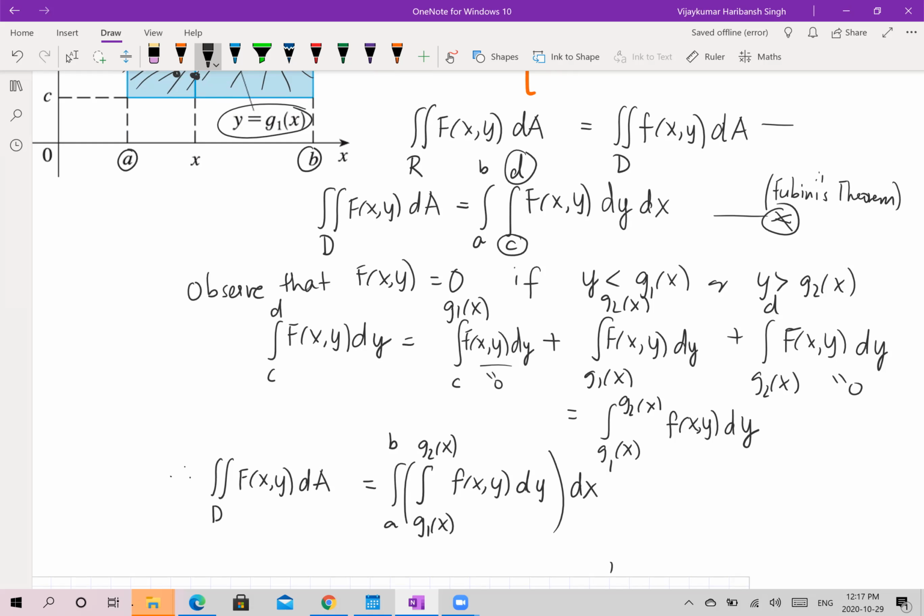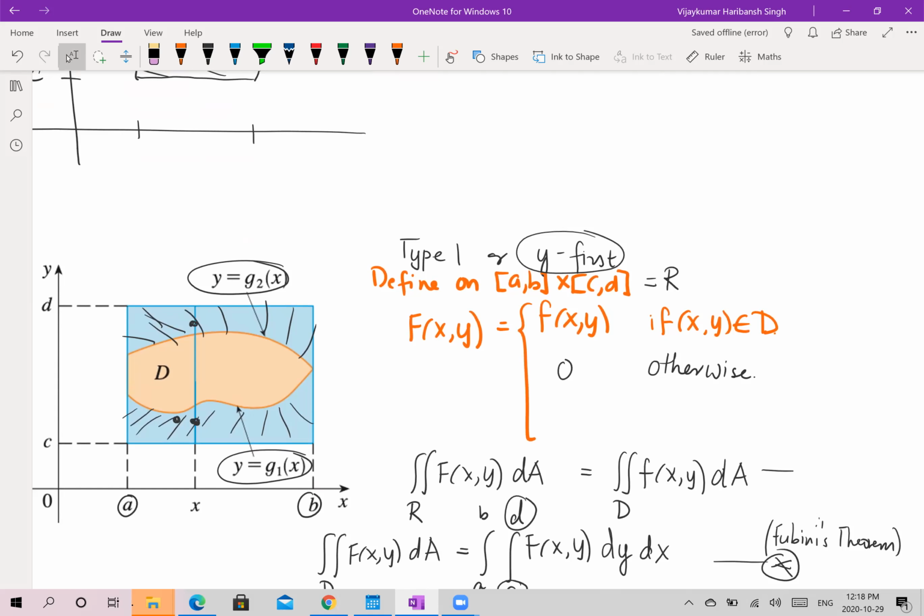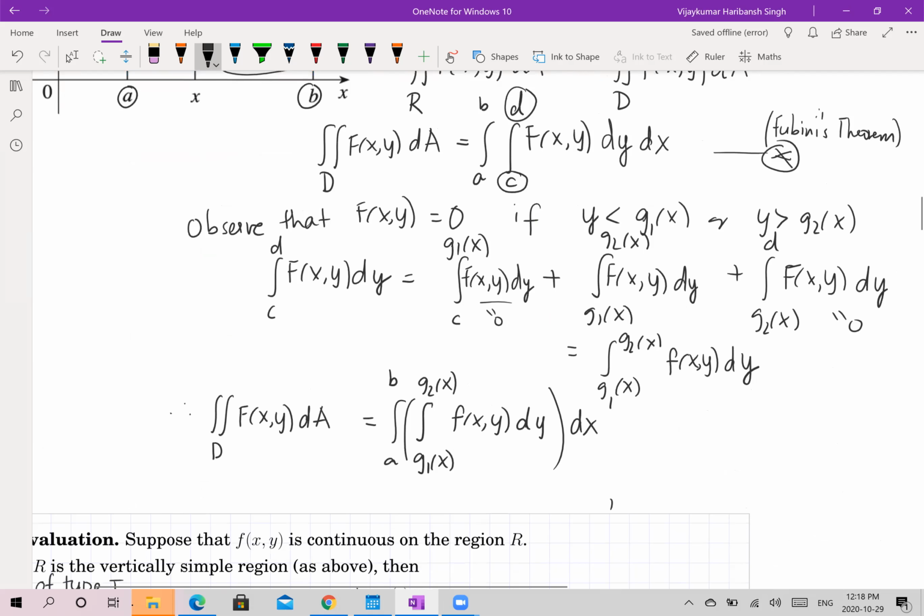And that's why this region is called, again, I'm repeating, y first. So you're integrating with respect to y first.